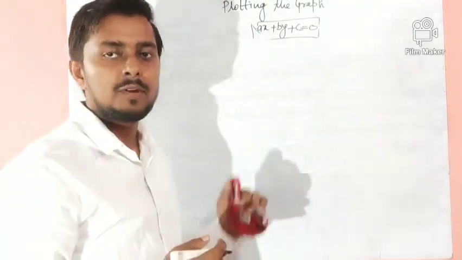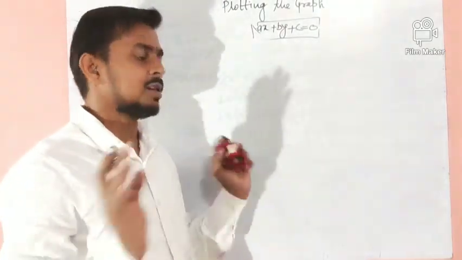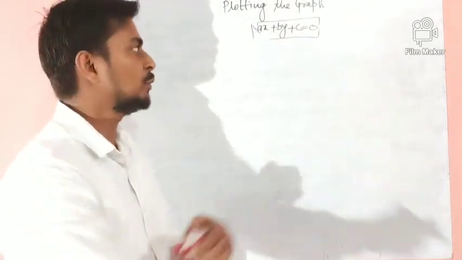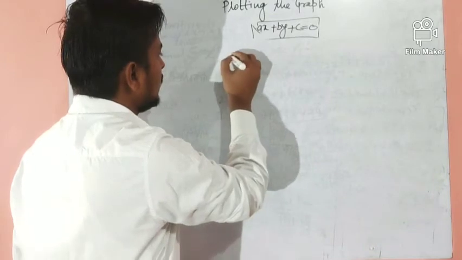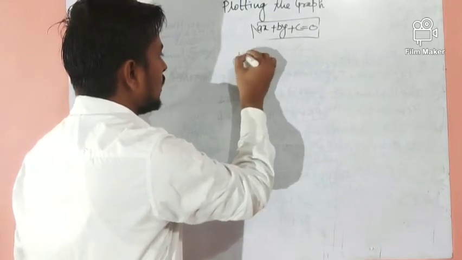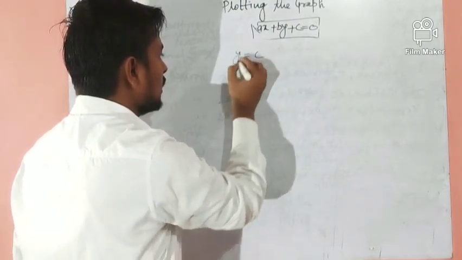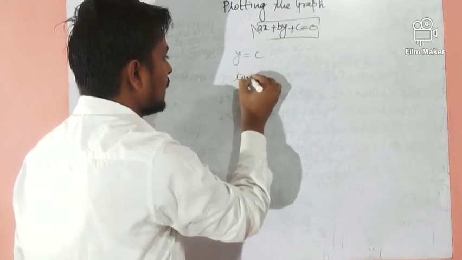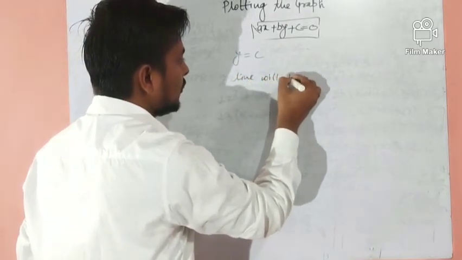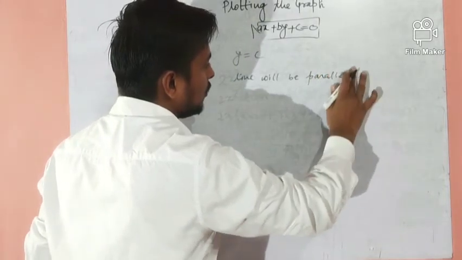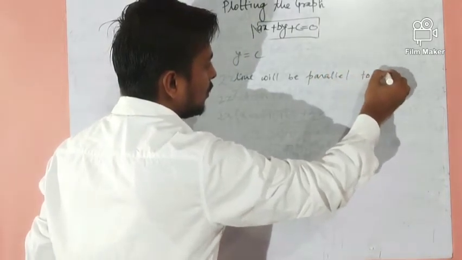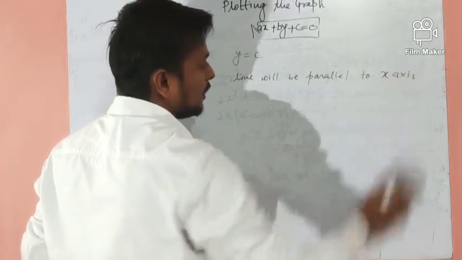I'm just ending very fast because we have discussed this chapter completely, so I'm moving at some quick speed. So the last is y is equal to c. So the line will be parallel to x axis.